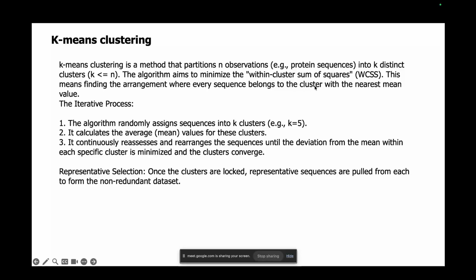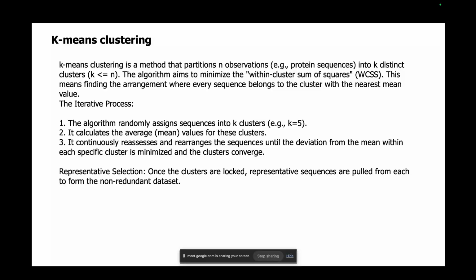So within cluster sum of squares is basically from the mean how much is the divergence in terms of similarity. So that you calculate for each set of proteins, and you use sum of squares for this because it can be negative as well. So you use sum of squares, and the idea is that you try to minimize this sum of squares.